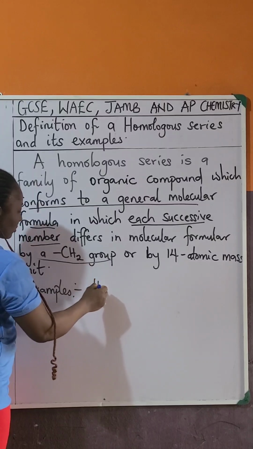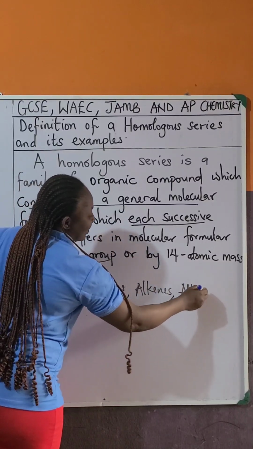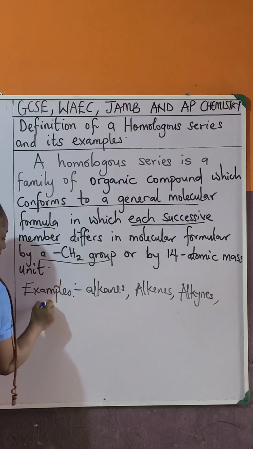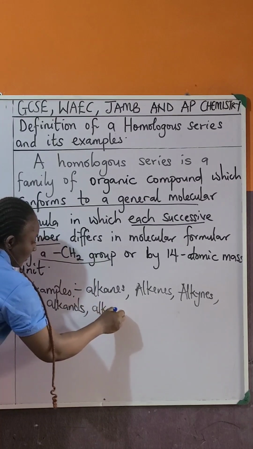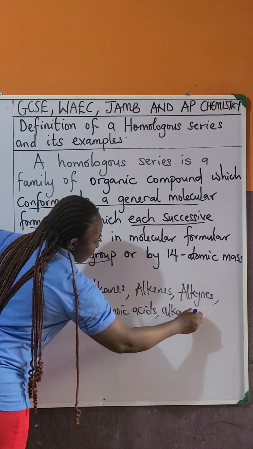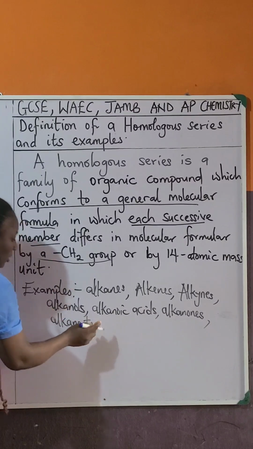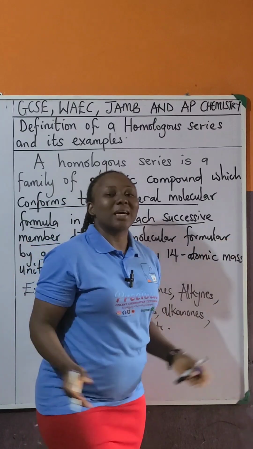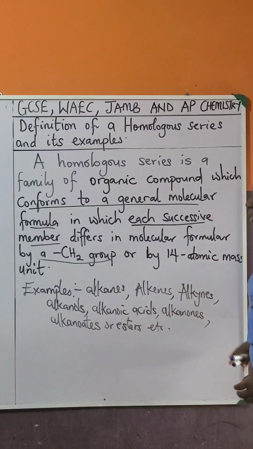The alkanes, the alkenes, the alkynes, the alkanols, the alkanoic acids, the alkanoates, we also call them esters, etc. We have many others, the haloalkanes, and so on and so forth. These are different families of organic compounds. All of them represent a homologous series.